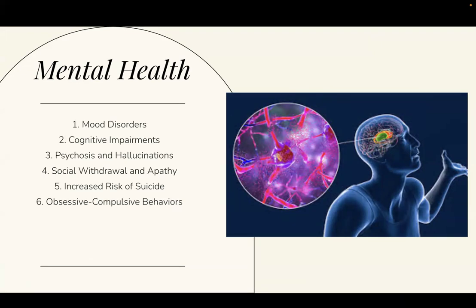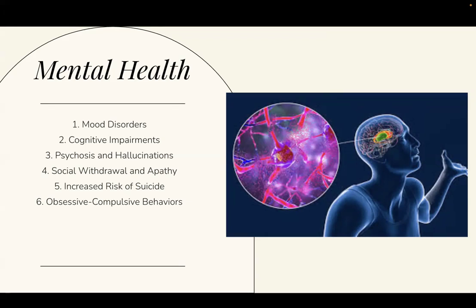But I was really interested in the mental health aspect. So, Huntington's disease affects mental health extremely. And these mental health symptoms can appear years before the motor symptoms are even noticeable. But again, people just discredit them to other things.